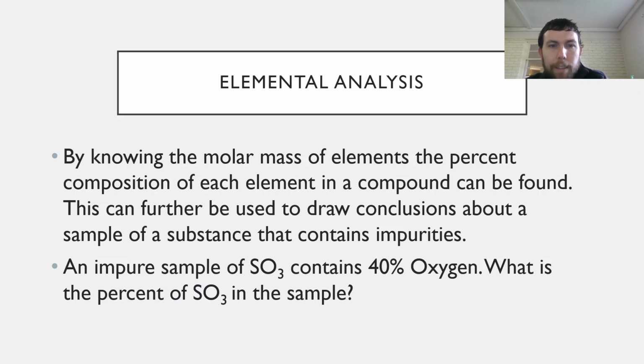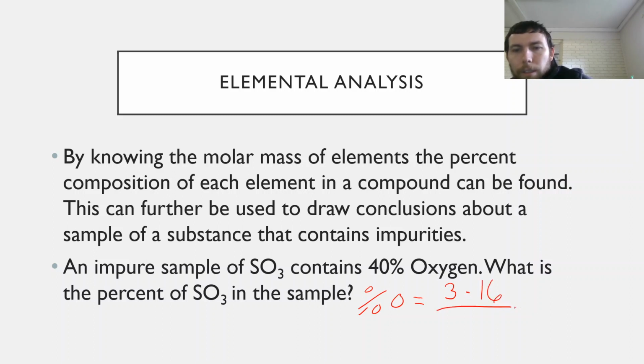Well, if you look at SO3, if we think about our percent oxygen here, that should be percent O, it should be 3 times 16, because that's oxygen, divided by the entire mass of SO3, so 32.07 plus 48, so 80.07, right?